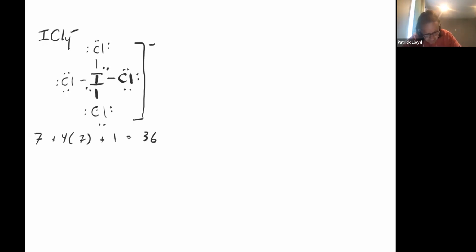And then 34, 36. So there are 2 lone pairs on the central atom. So here's how you do this. You just count up. It's the same charts we were talking about yesterday.